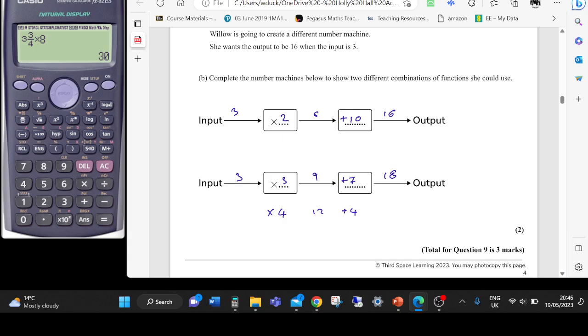There are plenty of others. You didn't need to have a plus number here. We could have had times by 6 and then minus 2. The ones that they've suggested are times by 6 minus 2, times by 5 and then plus 1, times by 4 and then plus 4, and then times by 6 and plus 7.